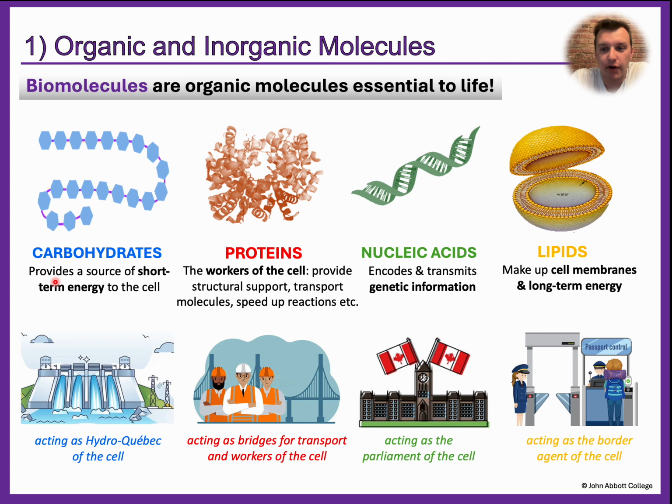So, first biomolecule in the human body are carbohydrates. Has carbon in the name. Hydrates sounds like hydrating, like water. We're going to see that in a second. Do you see these hexagons all linked together? This is a big carbohydrate, a big sugar. These provide a source of short-term energy to cells. Our cells use them to get fuel.